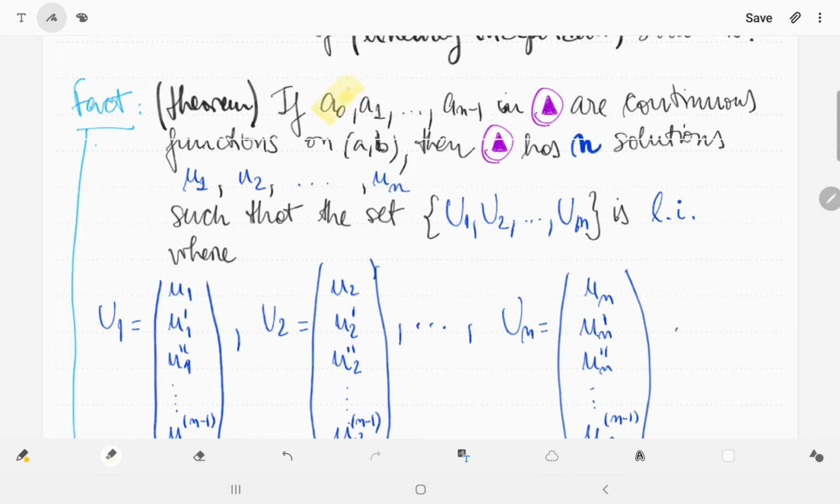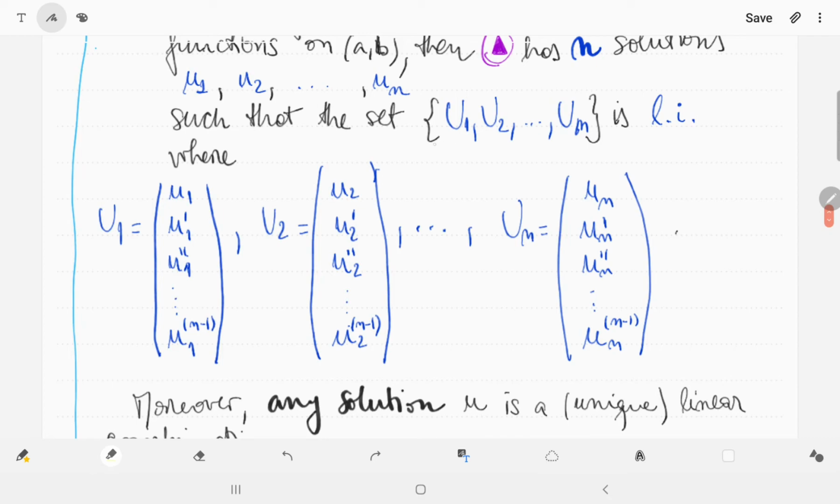We have these coefficients, the coefficients of the equation, and if these coefficients are continuous functions, then we know that our equation has n solutions, u1, u2, un, such that this set of vector functions is linearly independent. So which are these functions? Capital U1, capital U2, capital Un.